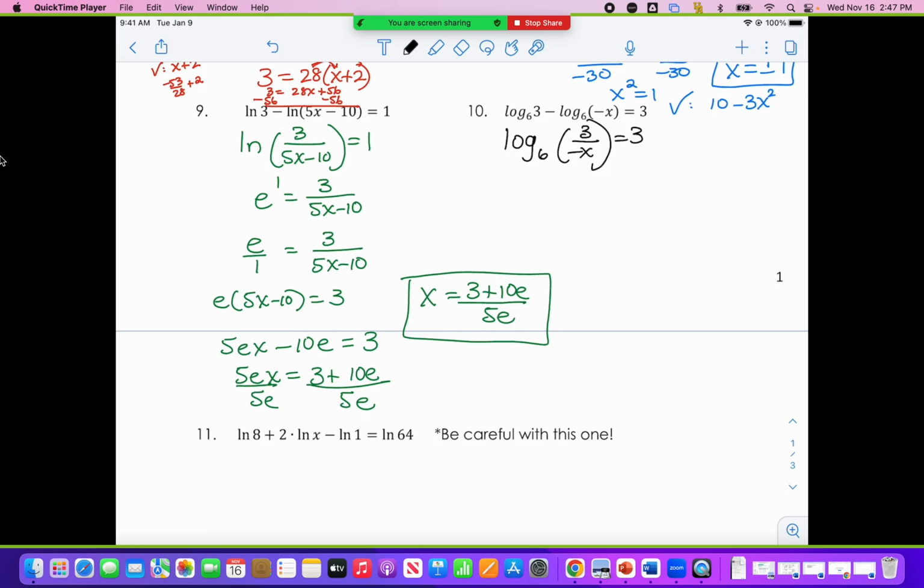This is log base 6 of 3 divided by negative x equals 3. Now I have the log alone. It's 6 to the 3 equals 3 over negative x. That's 216 over 1 equals 3 over negative x. I'm going to cross multiply and then divide.